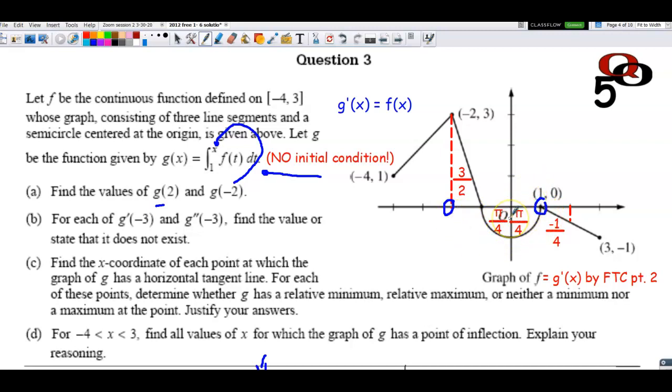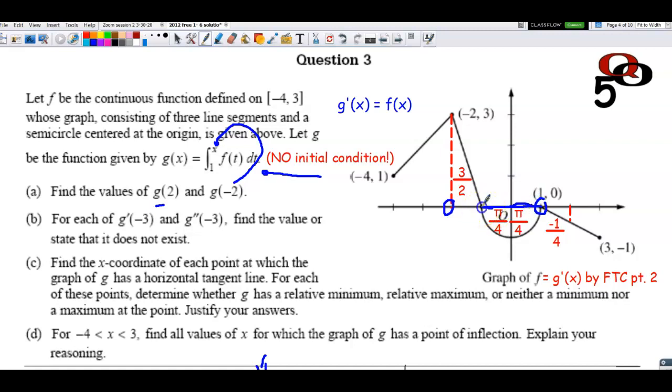The area of a circle is pi r squared. The radius of this circle is 1. So since it's a semicircle, it's pi r squared over 2. So that would give me a total area of pi over 2. And since it's symmetrical, each region would have an area of pi over 4. I don't know if I need to break them up or not, but I went ahead and did that. All right, so from 1 to -1, I have positive pi over 2, because remember the area is below the x-axis, but I'm moving in the opposite direction.